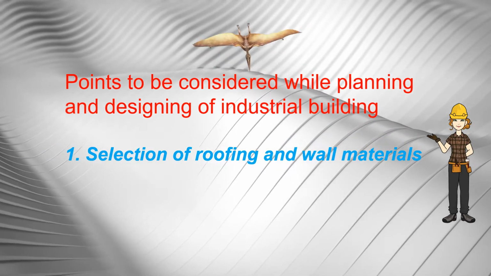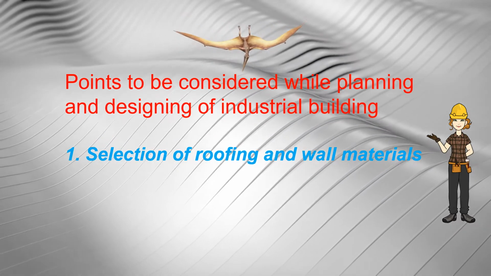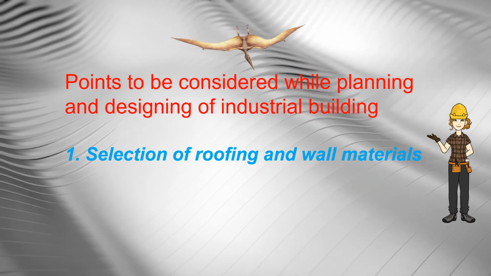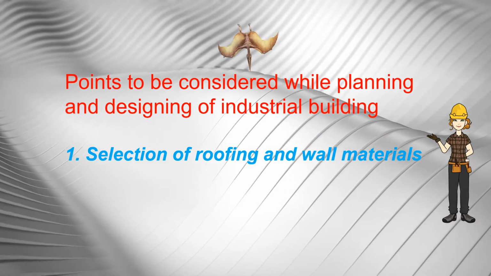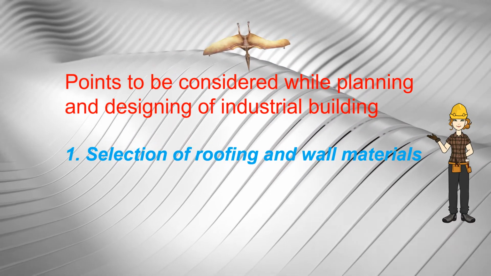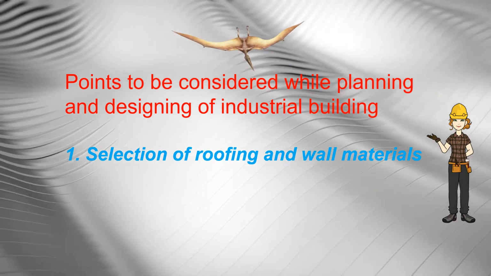Prior to planning and designing industrial building, there are several points that need to be considered. Number 1, selection of roofing and wall materials. Roofing material is used to cover the roof truss.